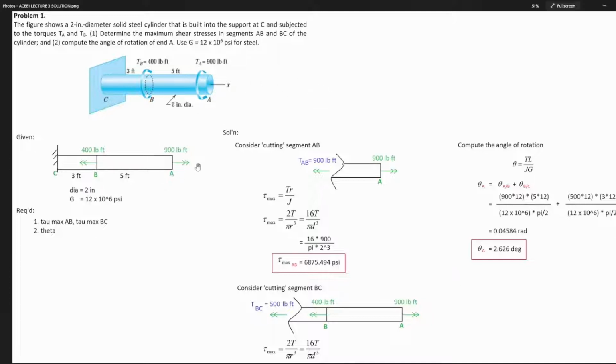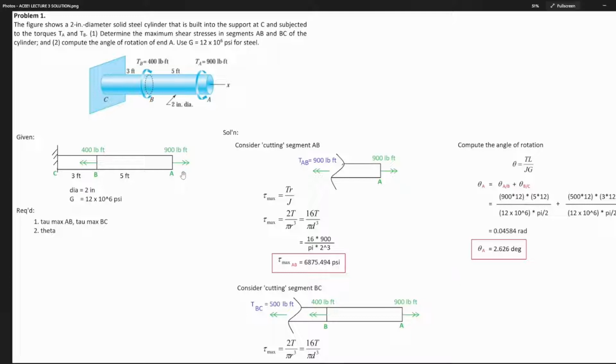So the equivalent illustration in 2D, at point A, you have a double-headed arrow to the right, and it says 900 pound-foot.